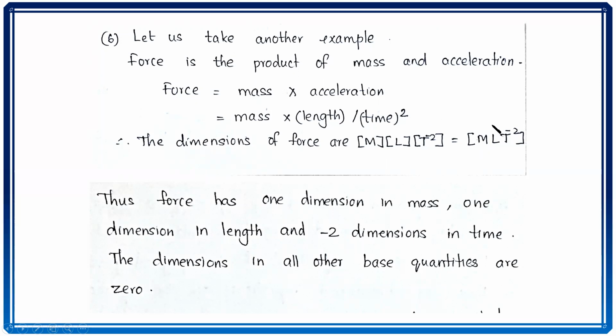Keeping them together in a single square bracket, M1 L1 T minus 2. When there is a power 1, sometimes we don't specify it. So we can simply write it as M1 L1 T minus 2. This is the dimensional formula for force. Force has one dimension in mass, one dimension in length, and minus two dimensions in time.